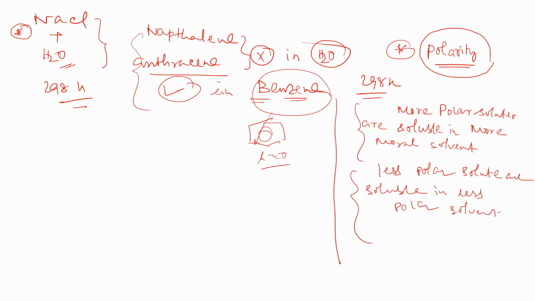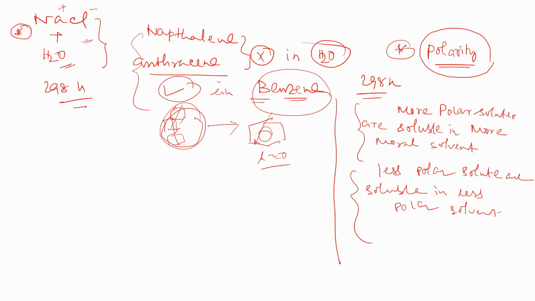So similarly, if I draw the anthracene like that, these molecules also have less polarity. Polarity is very low, so it is soluble in less polar solvent. This is the benzene. But in the case of NaCl and water, NaCl is actually a cation and anion, Na plus and Cl minus ions.